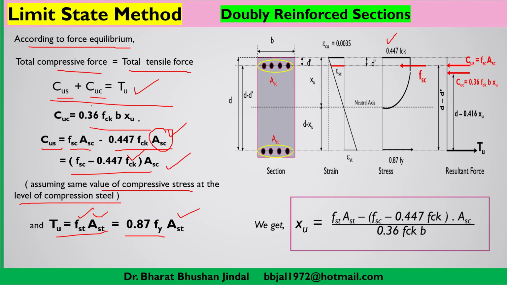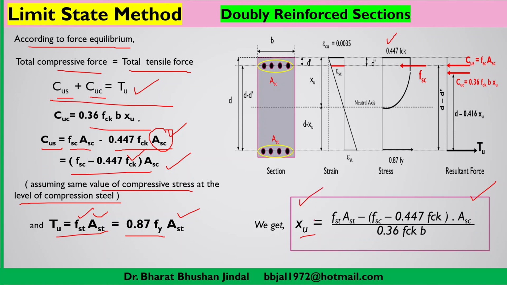Now from these equations, that is equation numbers 1, 2, 3 and 4, solving all of them, you will get the formula for the depth of the neutral axis. So this is given by FST AST minus FSC minus 0.447, which we have taken from here, and this.